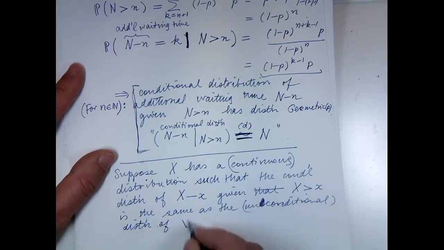It has to be the same as the variable you started with. That's the loss of memory. It looks the same if you've waited a bit.